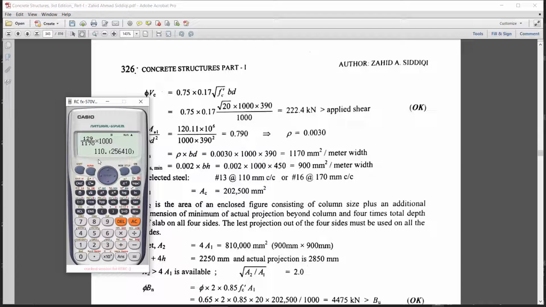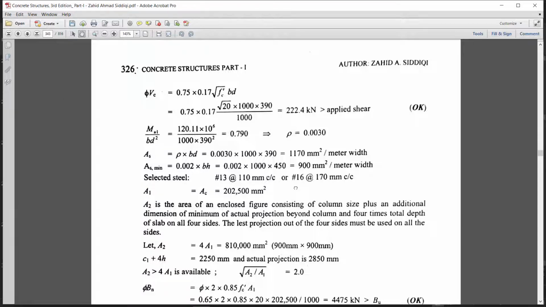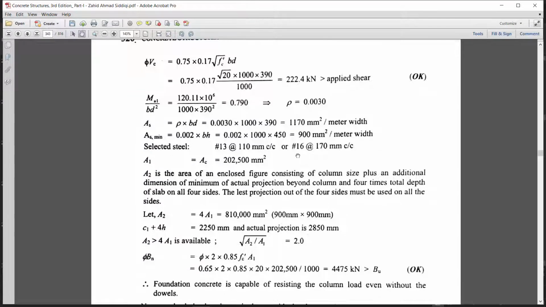The spacing is 110 millimeter center to center, or when you use bar number 16, you can provide a larger spacing, 170 millimeter. I will recommend using number 13, but it is up to the designer. So now our steel is also calculated.